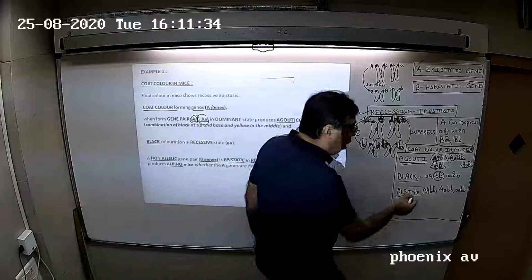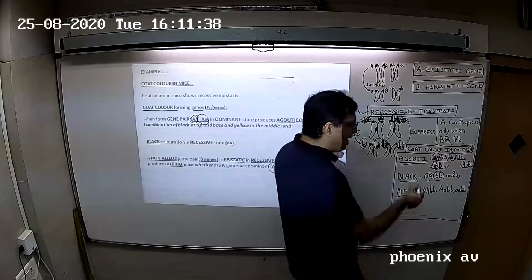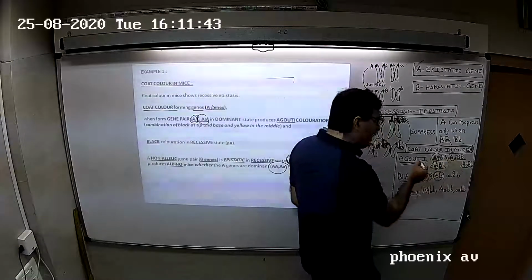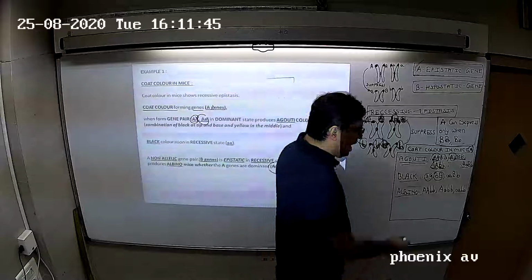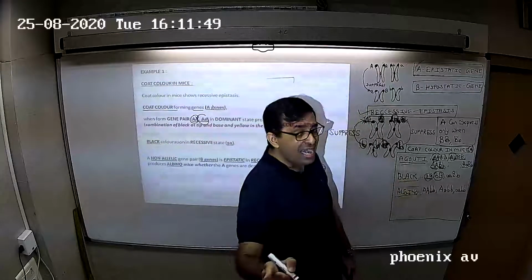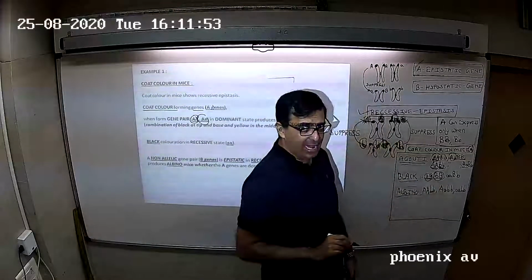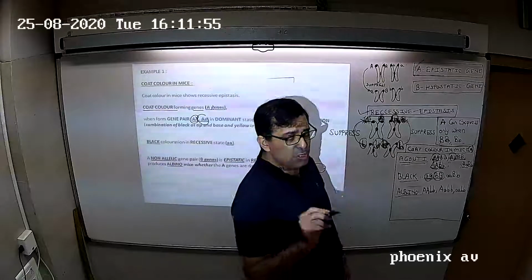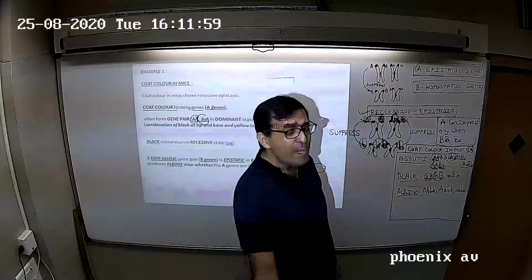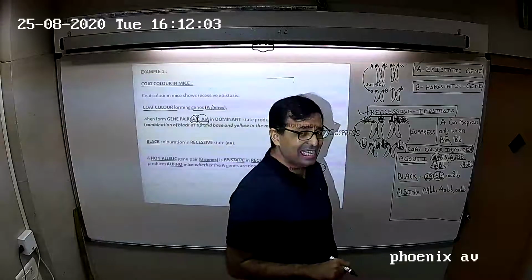So small a produces black, like capital A produces agouti and capital A small a produces agouti, but small a produces black only if there is capital B. If double small b is there, it would produce albino because of recessive epistasis.